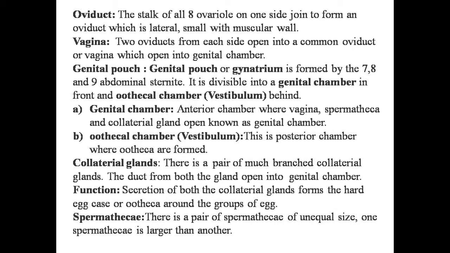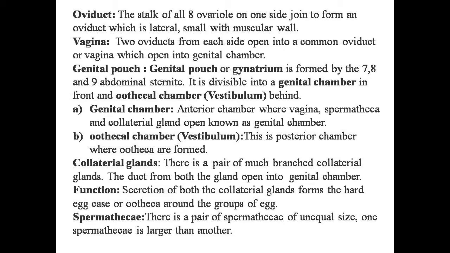The genital pouch or gynatrium in the female cockroach is formed by the 7th, 8th and 9th abdominal sternite. It is divisible into the genital chamber in front and the oothecal chamber or vestibule behind.